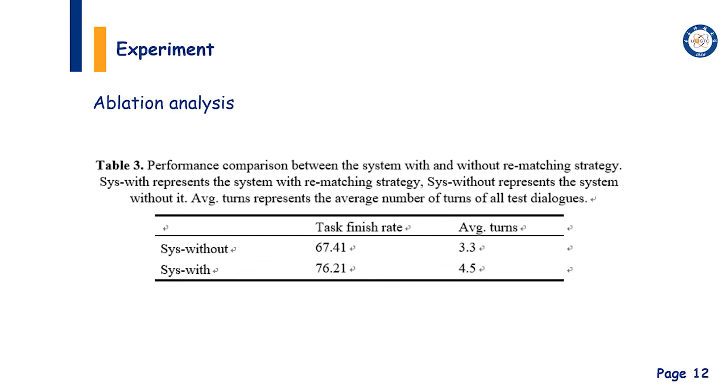This is because during the rematching process, the system raises single choice questions to the user, leading to an increase in the number of dialogue turns. Whereas in a system without the rematching strategy, the system just launches the out-of-domain process, which directly ends the whole dialogue.